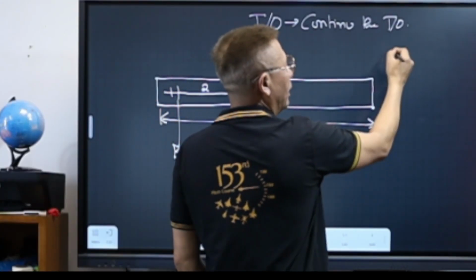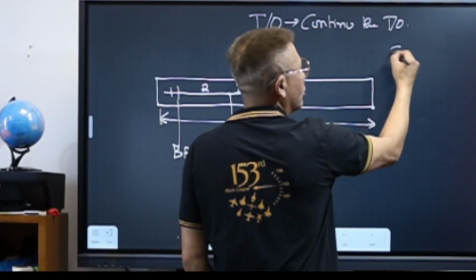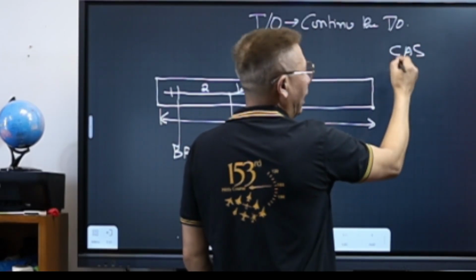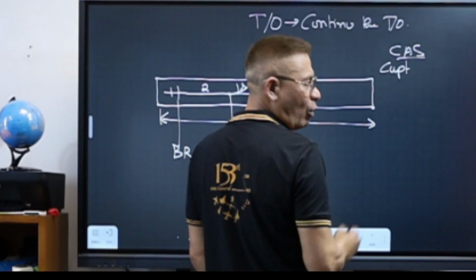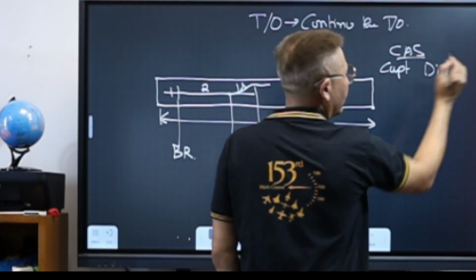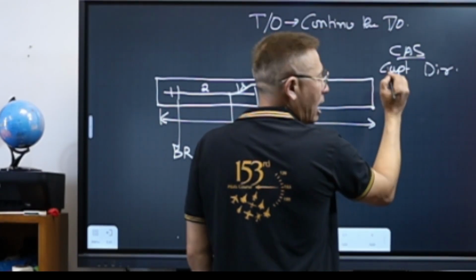So I need to consider the speed, which is the CAS, at which the captain of the aircraft is able to control the direction of the aircraft with aerodynamic controls only.